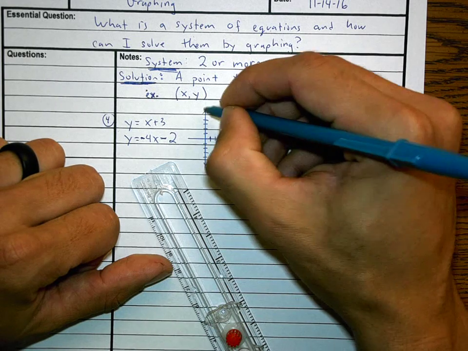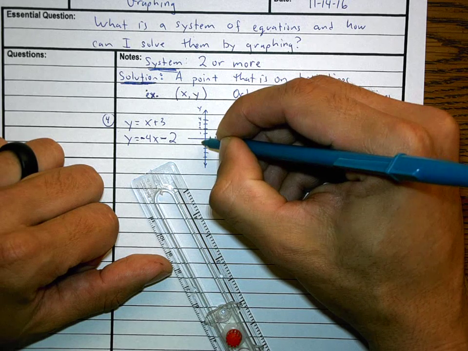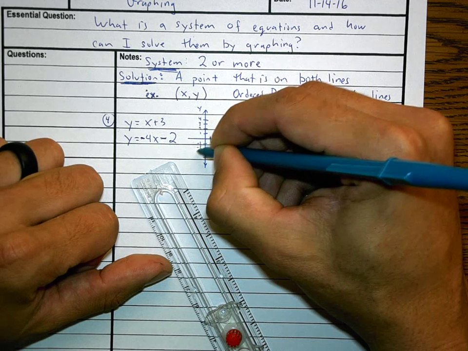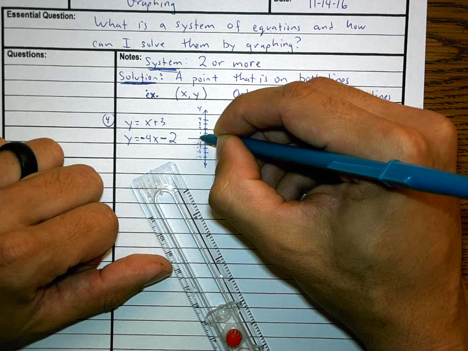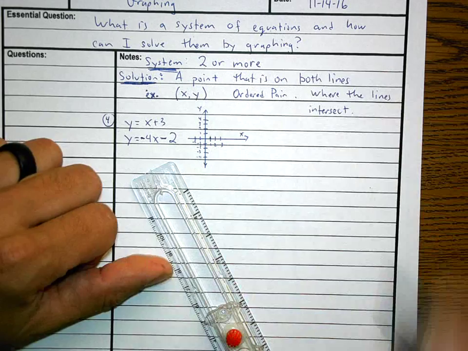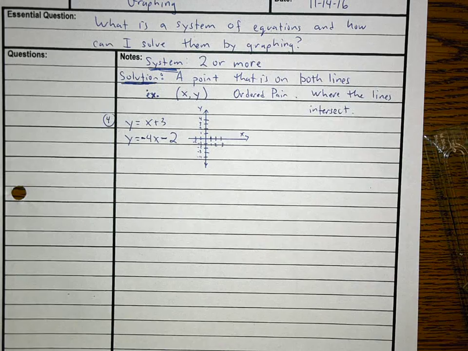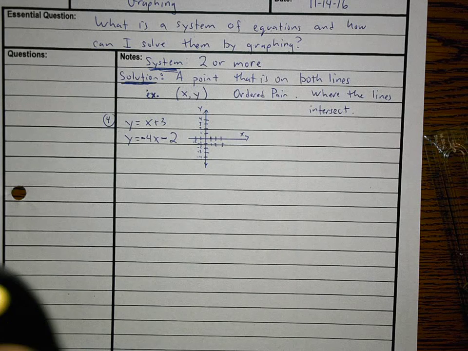And each time I do it, I am going to put numbers next to there. Negative 1, negative 2, negative 3, negative 4. 1, 2, 3. Negative 1, negative 2, and I'm going to try to be equally spaced apart. Just try to be accurate. The hardest part about solving by graphing is if you are off just a little bit, you may not be able to find the correct solution.